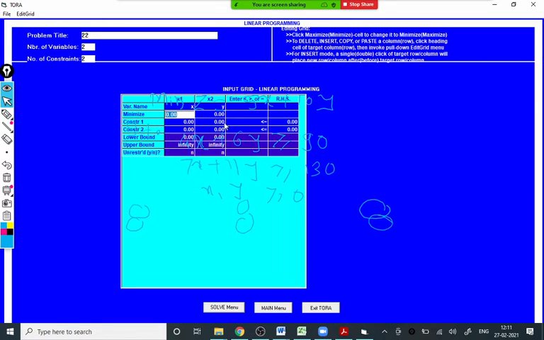So minimize 5 and 10. Then the first constraint 4, 6, 90. Second constraint 7, 11, 130. And both are greater than or equal to.